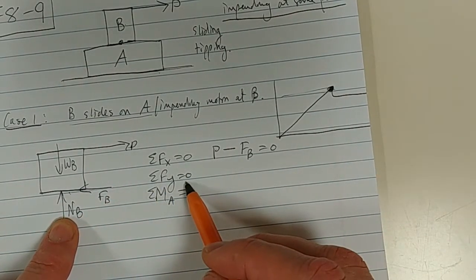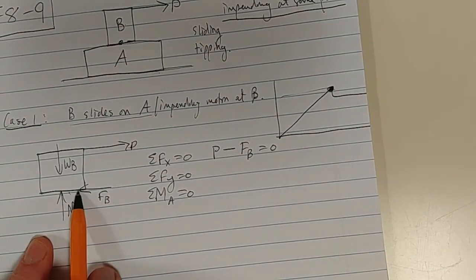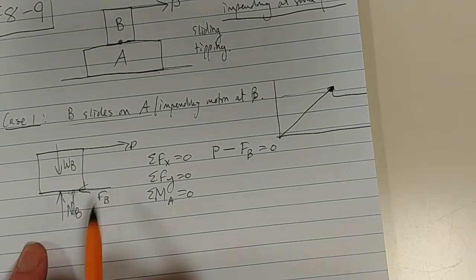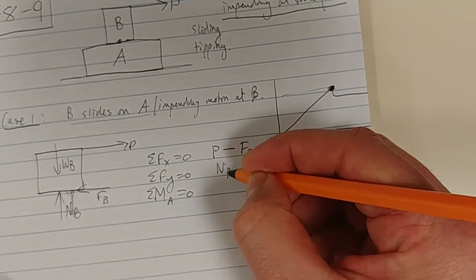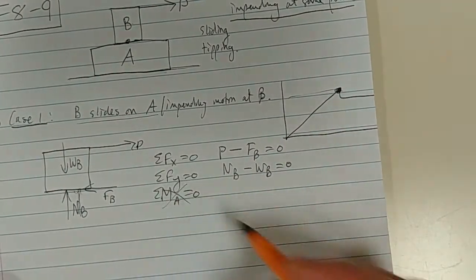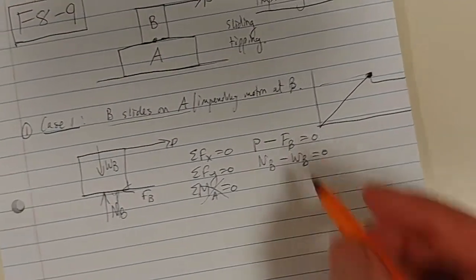And the sum of the forces in the y: actually, that NB in reality is being applied somewhere off to the side, so if you noticed it, well done. It should be somewhere off of center. So we've got NB minus weight is equal to 0. Like I said, I'm not worried about the moment because we're considering sliding and not tipping.